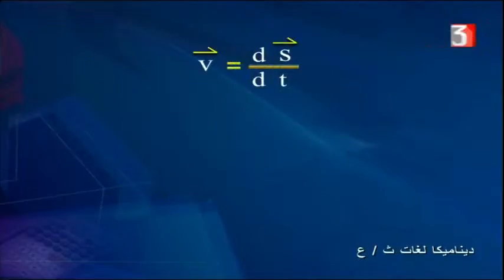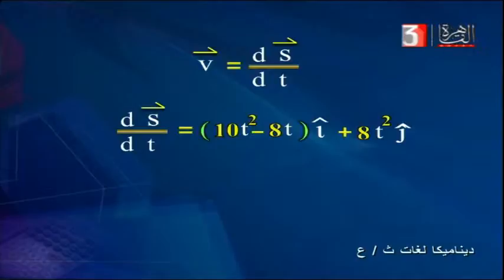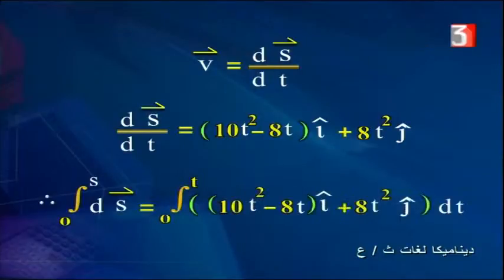Now we know that the vector v equals the derivative of vector s with respect to the time t. Then ds dt equals (10t power 2 minus 8t) in direction i plus 8t power 2 in direction j. The integration of d vector s from 0 to s equals integration (10t power 2 minus 8t) in direction i plus 8t power 2 in direction j dt from 0 to t.